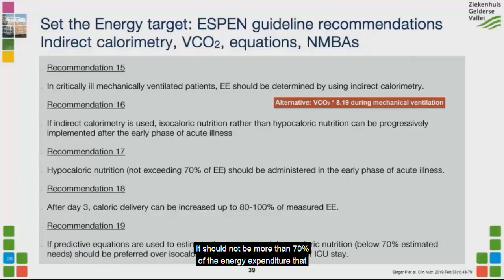It should not be more than 70% of the energy expenditure that is calculated in the initial phase. After day 3, when you can measure indirect calorimetry, you can go up to 80 to 100% of the measured energy expenditure. So if you don't have this device, you have to keep on 70% for the whole first week. So not go higher because there is a risk of overfeeding based on the equations.